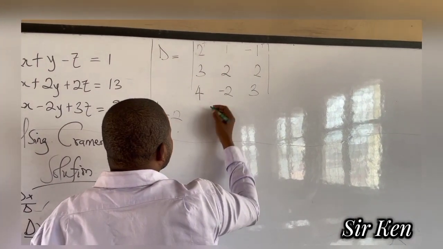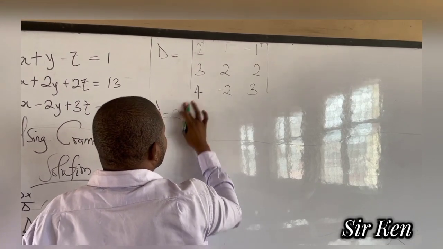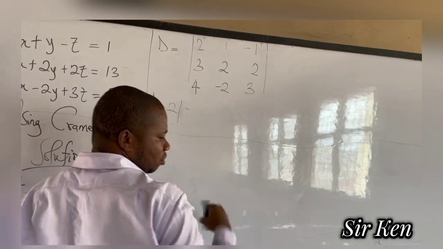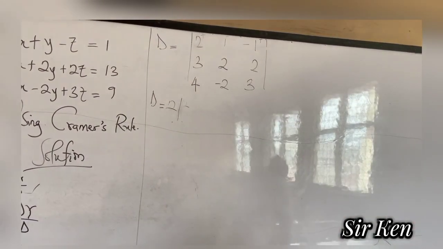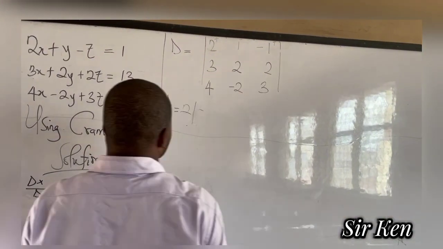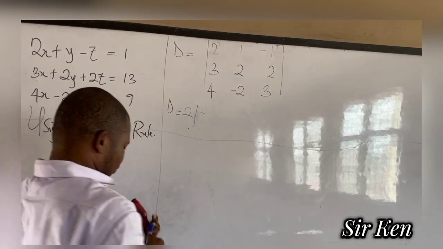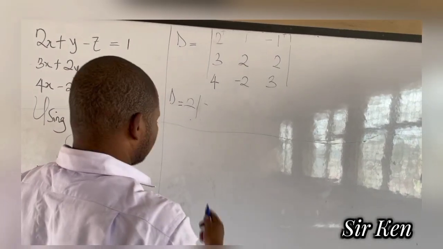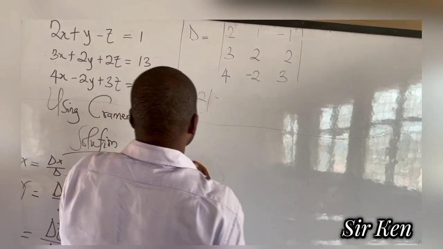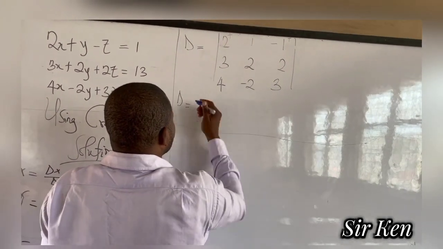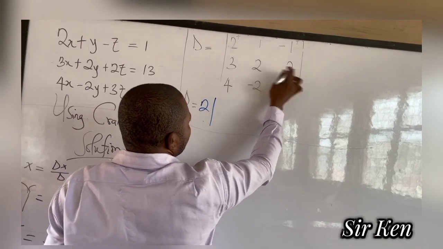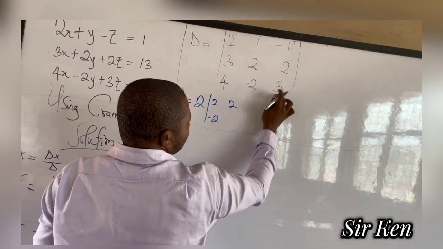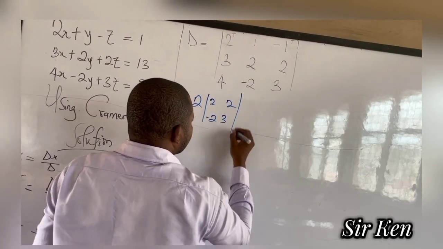So this one becomes 2 into the matrix 2, negative 2, 2, 3. Okay, that is that.